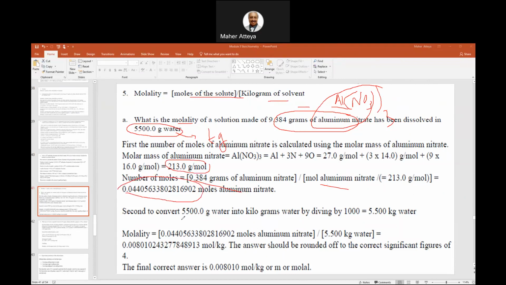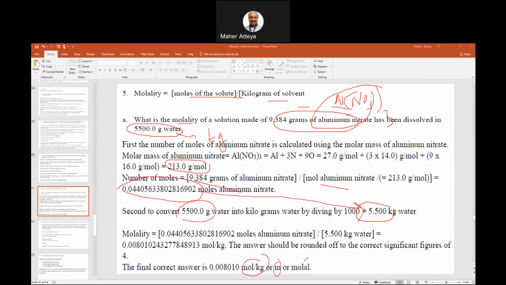Next step is to take the grams into kilograms by dividing by 1,000. Then you divide the moles by the kilograms, and you get your molality. The final answer has units of mole per kilogram, small m, or molal.